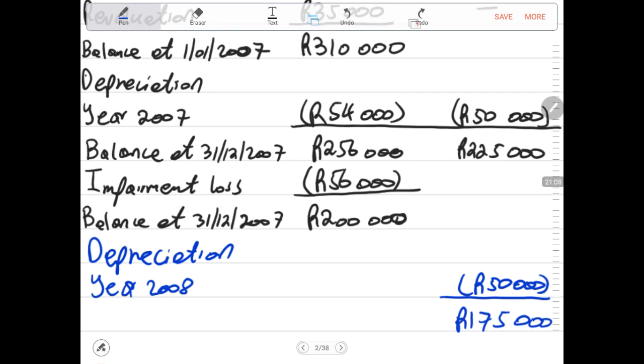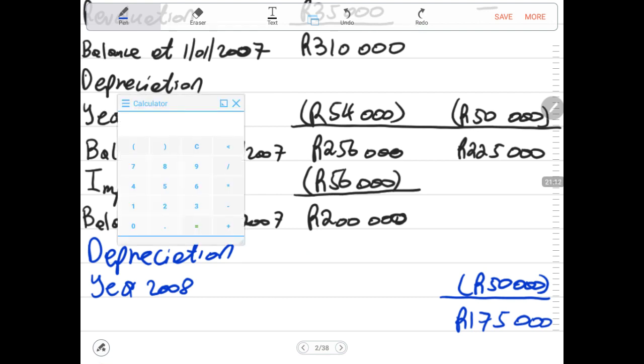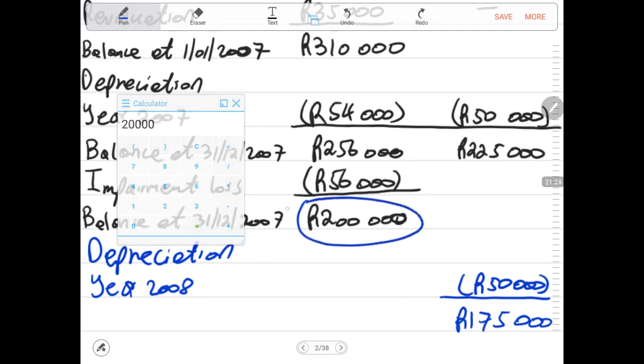Then we have to calculate depreciation now in the old method, of which we have 200,000. Remember, 200,000 is our new valued amount, according to the impairment that took place. This is our recoverable amount, which is 200,000 minus 40,000 rands.